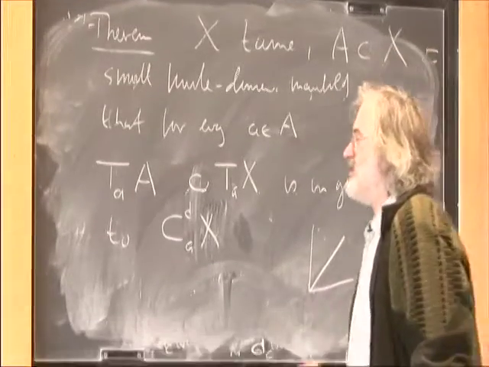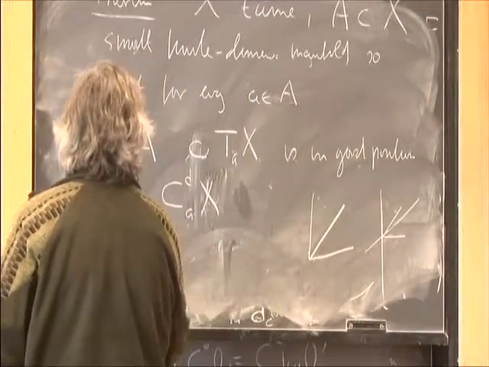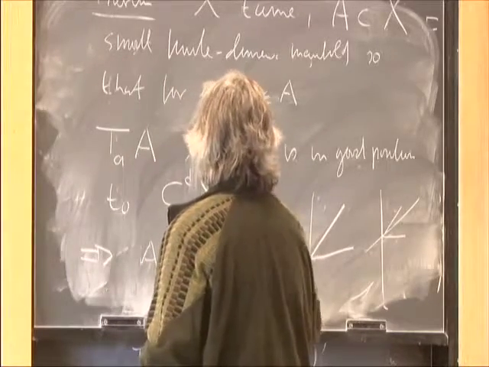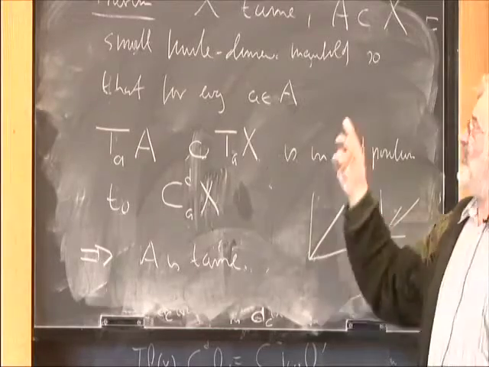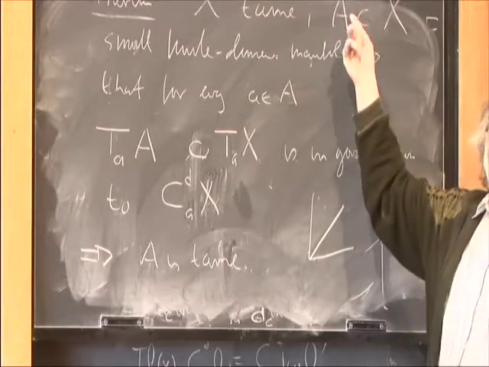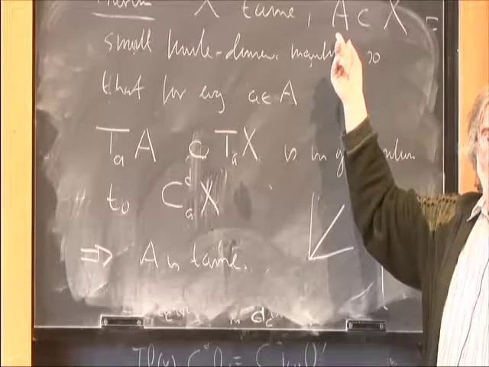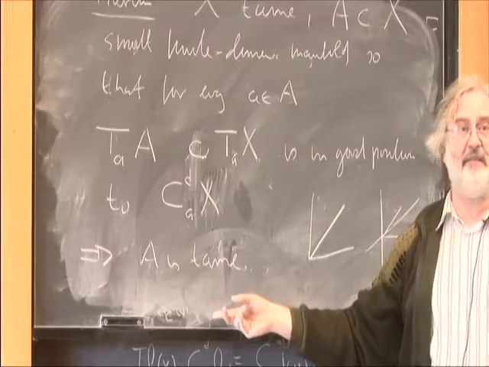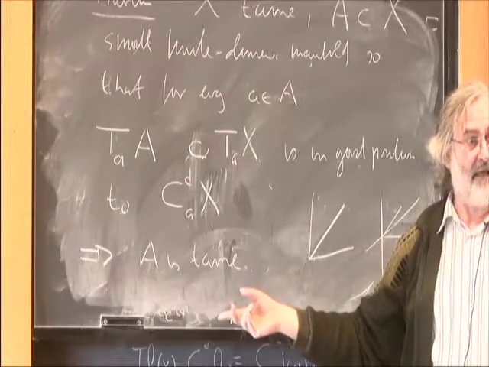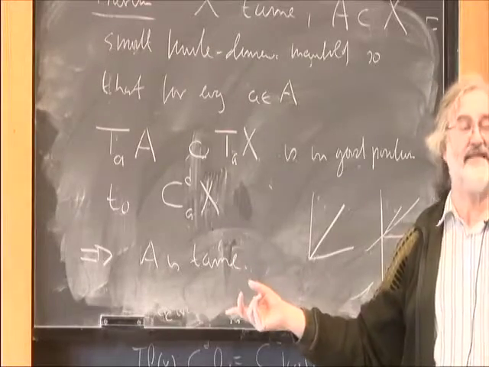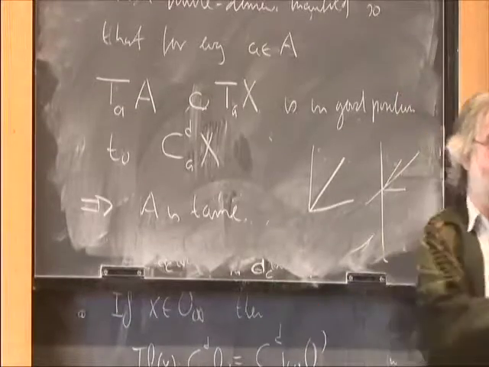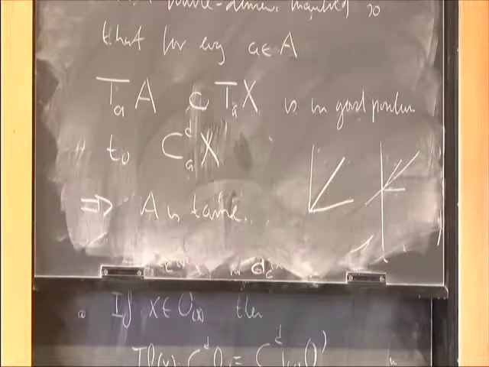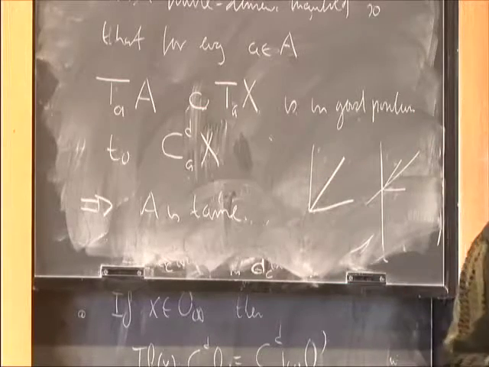Then if you have a more complicated thing, it would look like this. Now, under these conditions, A is tame. First of all, this has the structure of a manifold, but tame means the structure induced on A can be obtained by tame retract. So it's actually a manifold with boundary and corners, meaning it hits the boundary nicely.